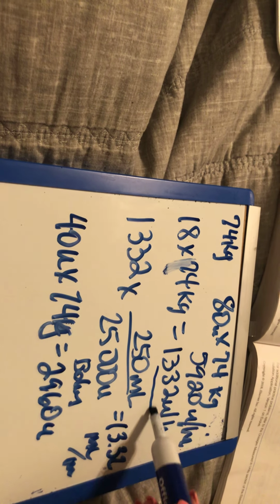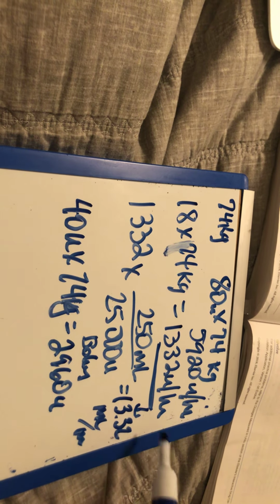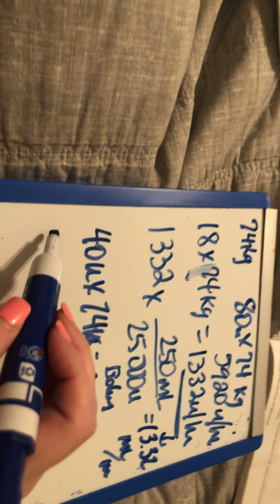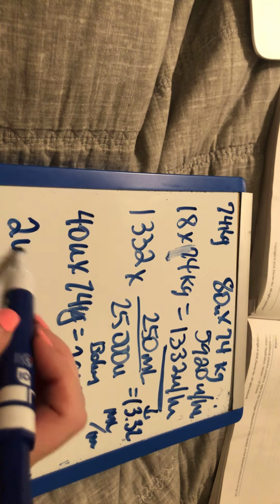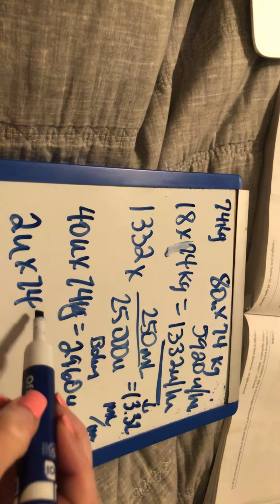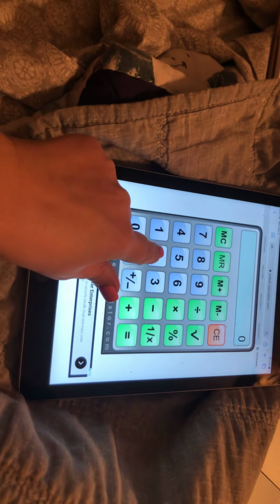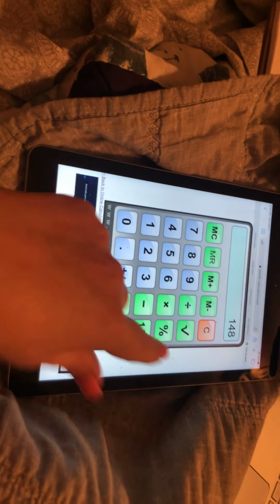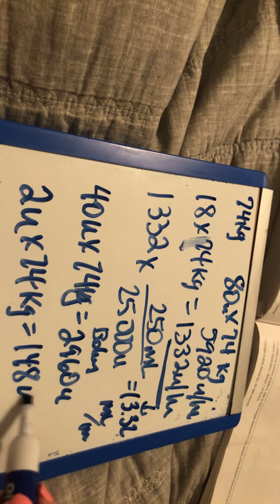And our initial rate, our units per hour is here. That's our milliliters. So we're going to increase the rate by 2 units. So 2 units times 74 kgs is going to be equal to 148. We're going to increase by 148 units.